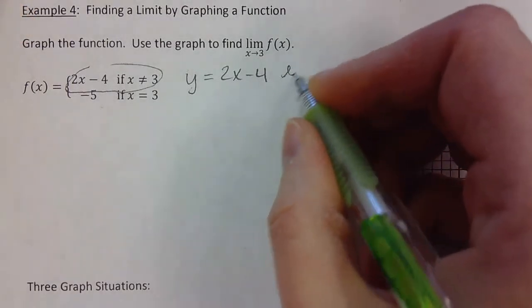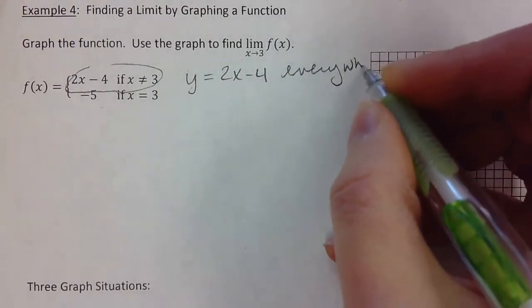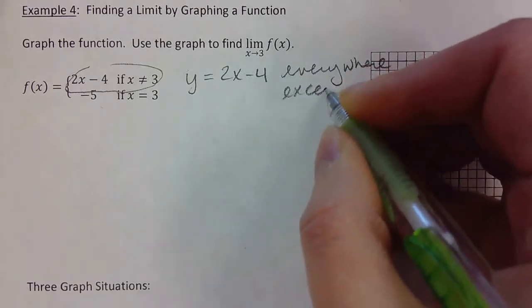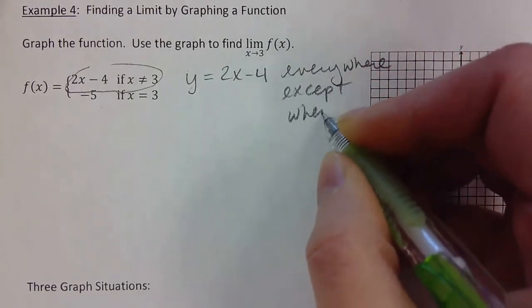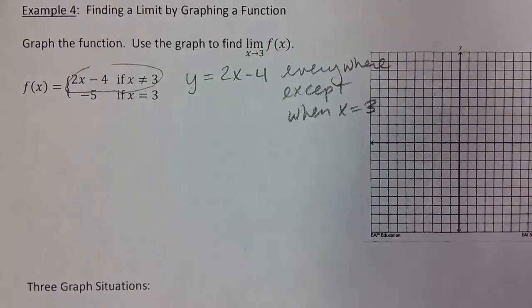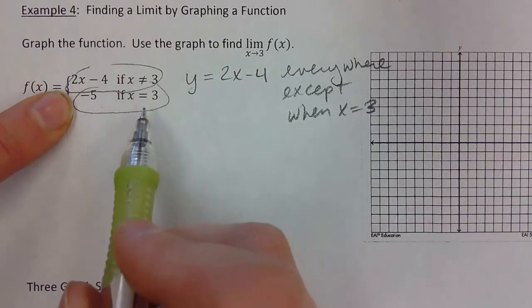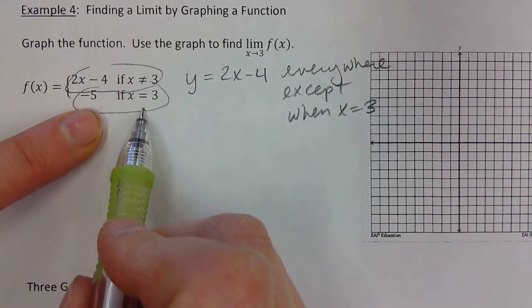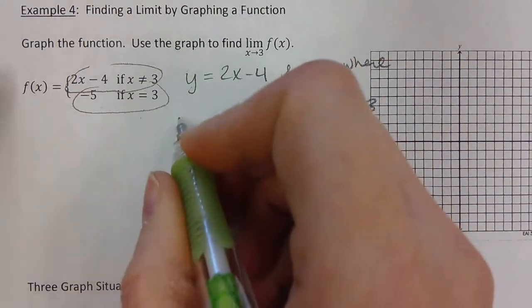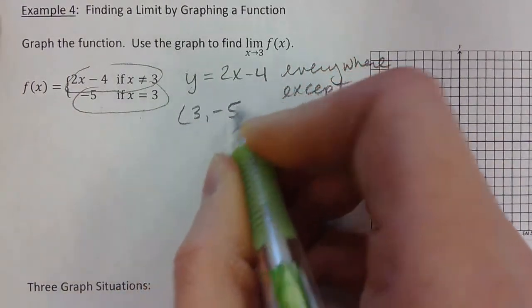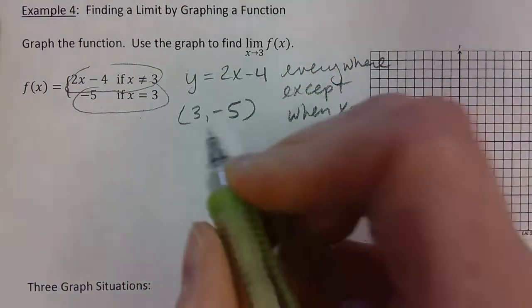So everywhere except when x equals 3, because it's only when x doesn't equal 3 that I have that. So if x does equal 3, I have a negative 5. Because this is only when x equals 3, I have a y value of negative 5. That's really going to be an ordered pair, 3, negative 5.